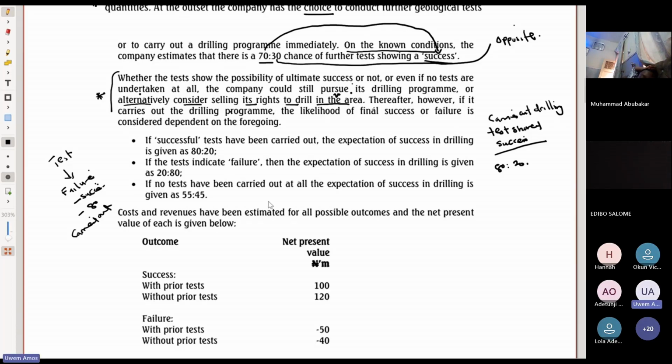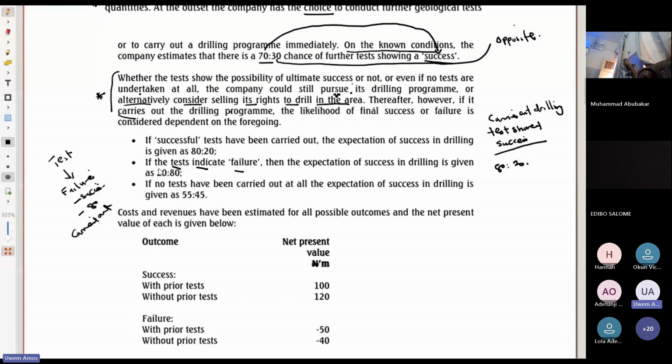Okay, so let me do that one more time quickly so that we can make progress for everyone. This is where the line is. It says, thereafter, however, if it carries out the drilling program. So all of this would be under a situation where it carries out the drilling program. If the test indicates failure and it carries out the drilling program despite the test indicating failure, then the expectation of success is given as 20/80.